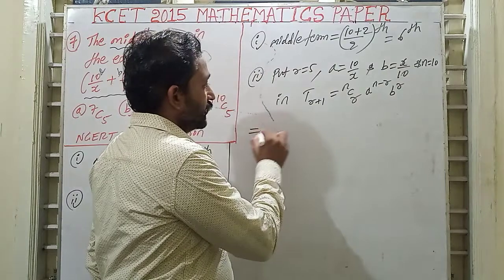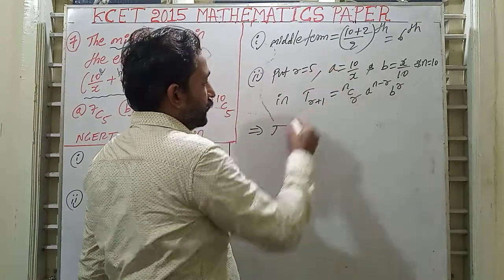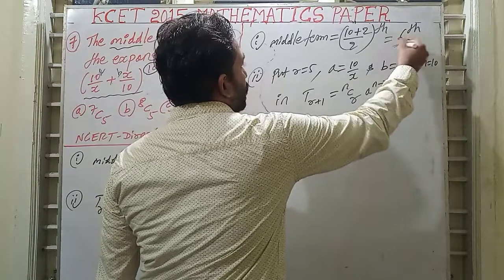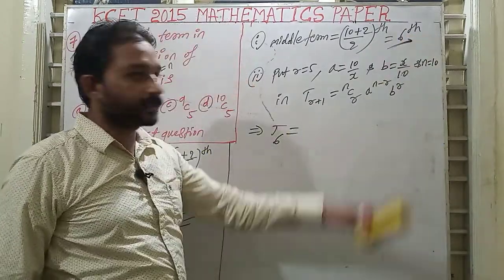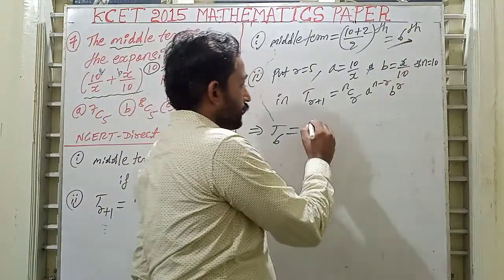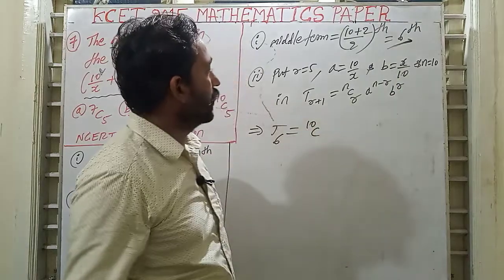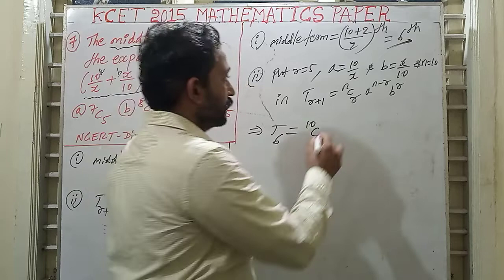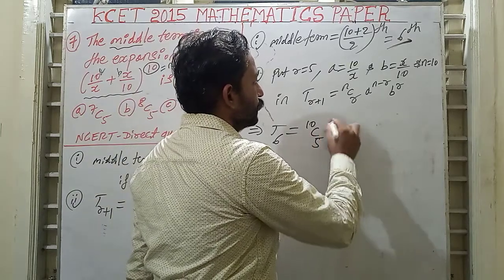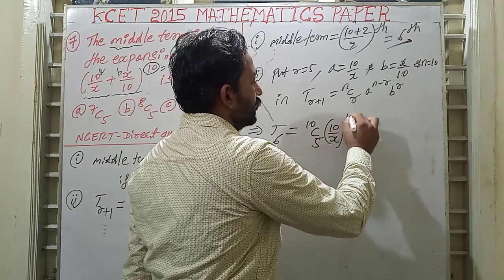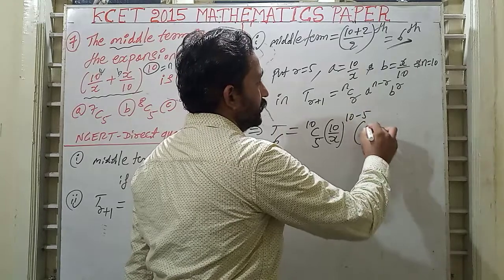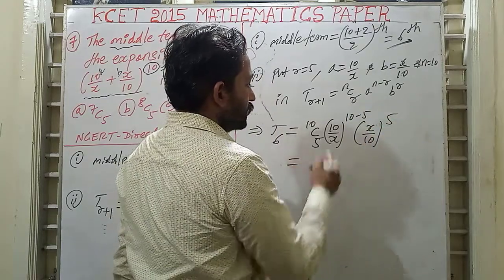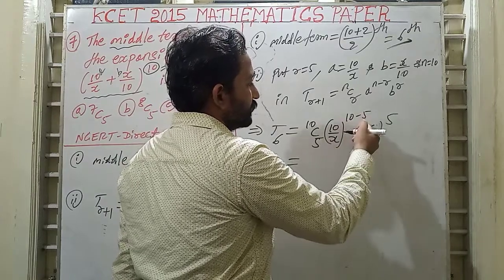So now this implies r equal to 5, r plus 1 is 6, so t6, the sixth term, is the middle term. T6 is equal to 10C5 into a, which is 10 by x, to the power of 10 minus 5, times b, x by 10, to the power of 5. Here 10 minus 5 is equal to 5.